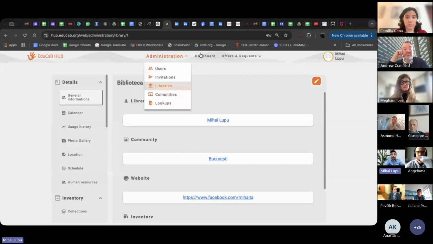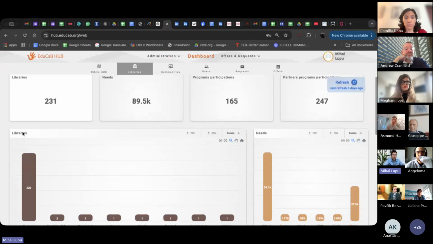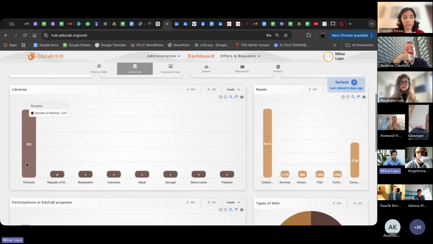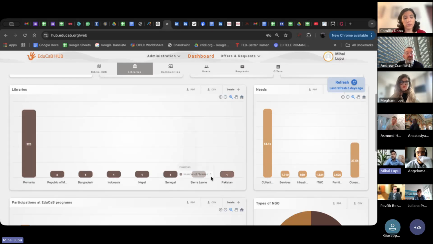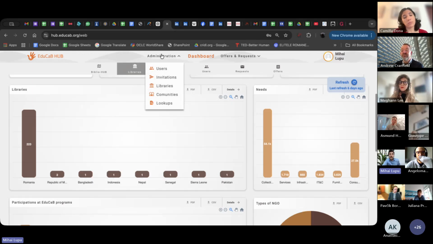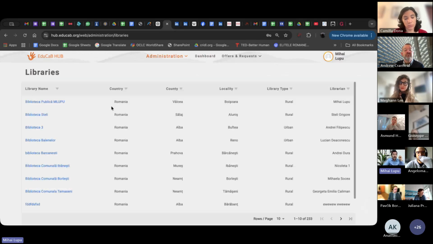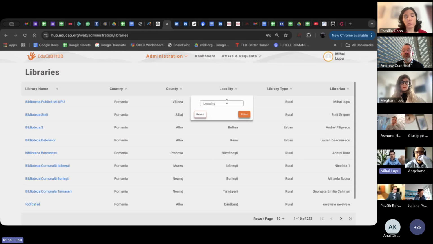Here it is. So let me show you a dashboard. It's relatively new. For now we have 223 public libraries in Romania, but also the ones that we started to work with, or we've built, in other countries, like Bangladesh, Indonesia, etc. Let's take one here.